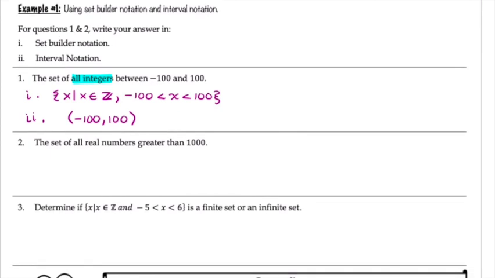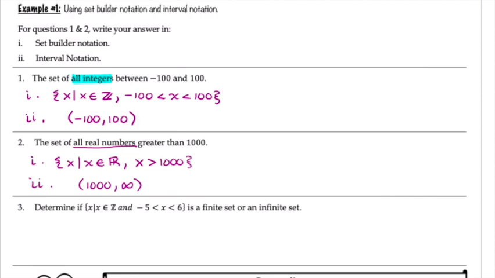Number 2, the set of all real numbers greater than 1000. So I'm going to say X such that X is an element of the set of reals, and we're looking at X is greater than 1000. For our interval notation, 1000 all the way to infinity.